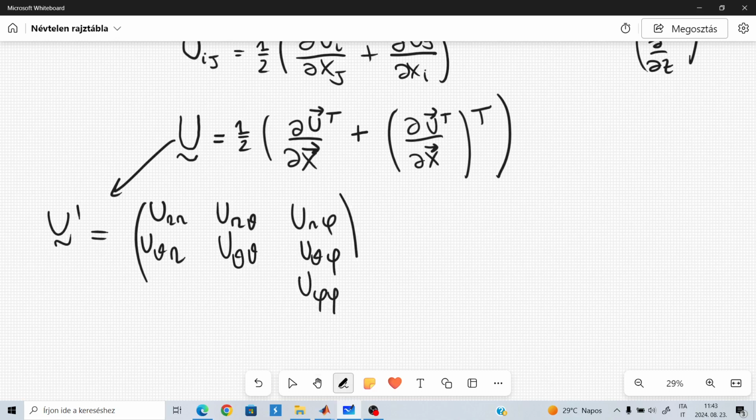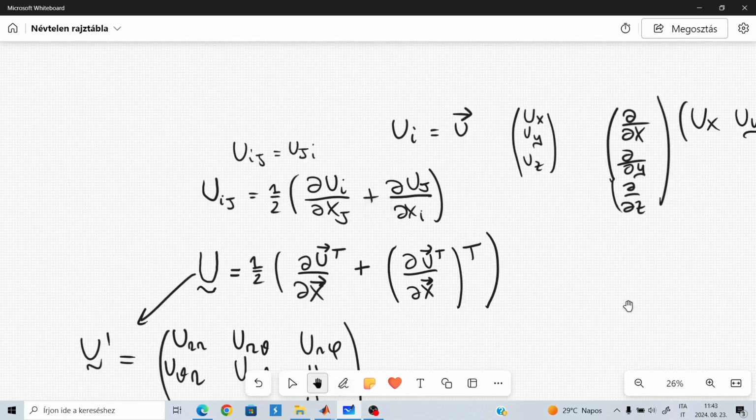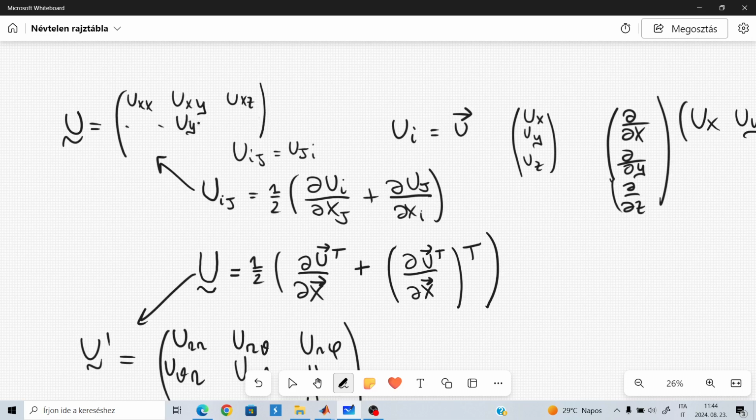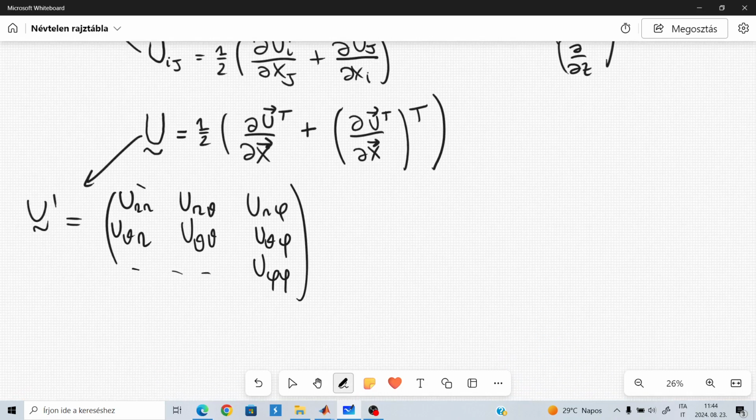Here you have U_phi phi, and so on. So it's symmetric. Whereas this U_ij in Cartesian coordinates would be U_xx, U_xy, U_xz, and so on, U_yy, and so on. We want to find the components U_rr expressed as derivatives with respect to r, theta, or phi, of the displacement vector in spherical coordinates as well.